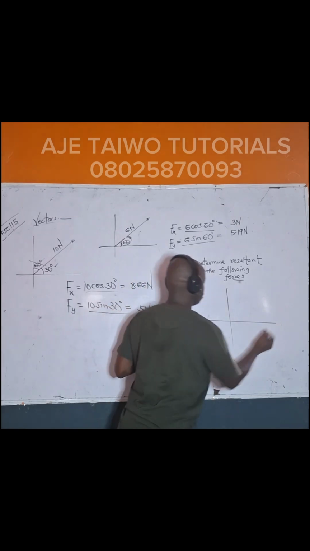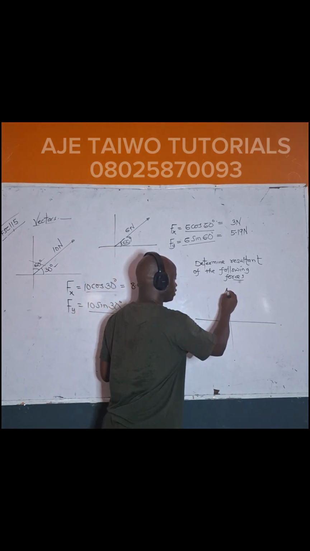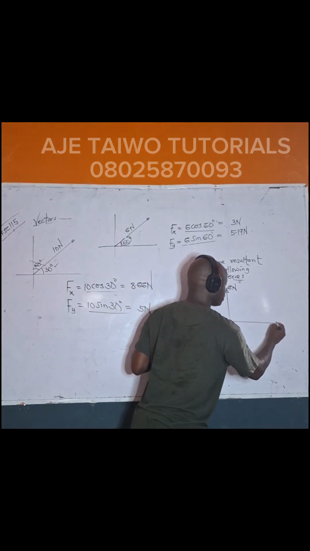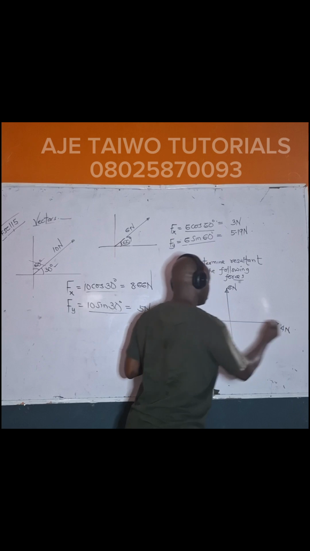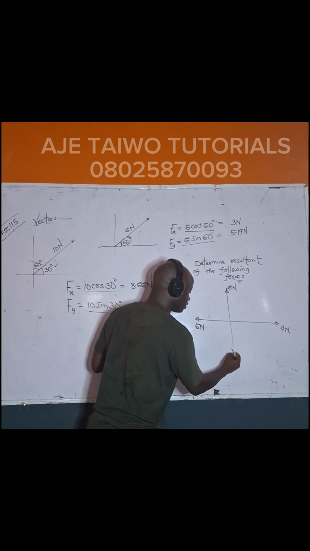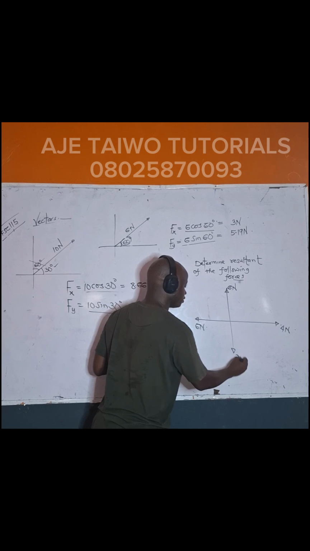So let's go. You have to find the resultant of the following forces. This is 6 newtons. This is 4 newtons. This is 6 newtons. This is 2 newtons.